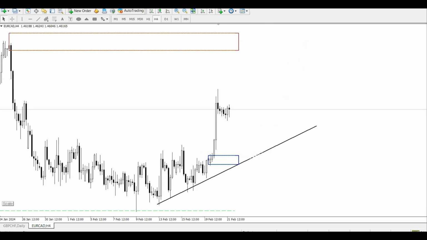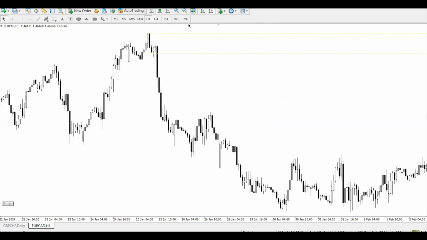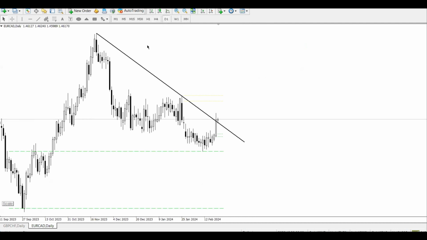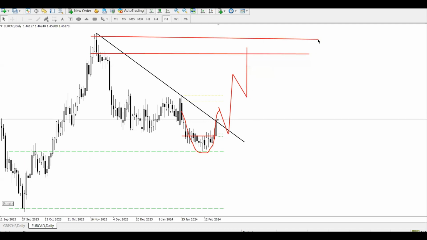We'll see the results. So H1, the same area. Okay, now we can say that price already changed its trend. Why? Look at that. After hitting the high time frame area, we'll wait for the price and let it move up towards this supply area.